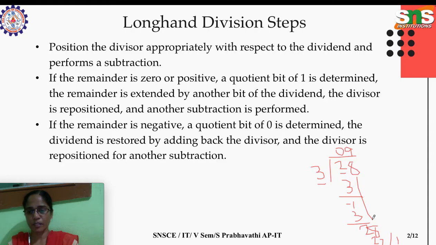So we will bring down the dividend and repeat the operation. This concept is nothing but the restoring division algorithm. Here unnecessarily we are doing one more step, is it not? In the non-restoring algorithm we will avoid this step. So that's the logic behind this division algorithm.